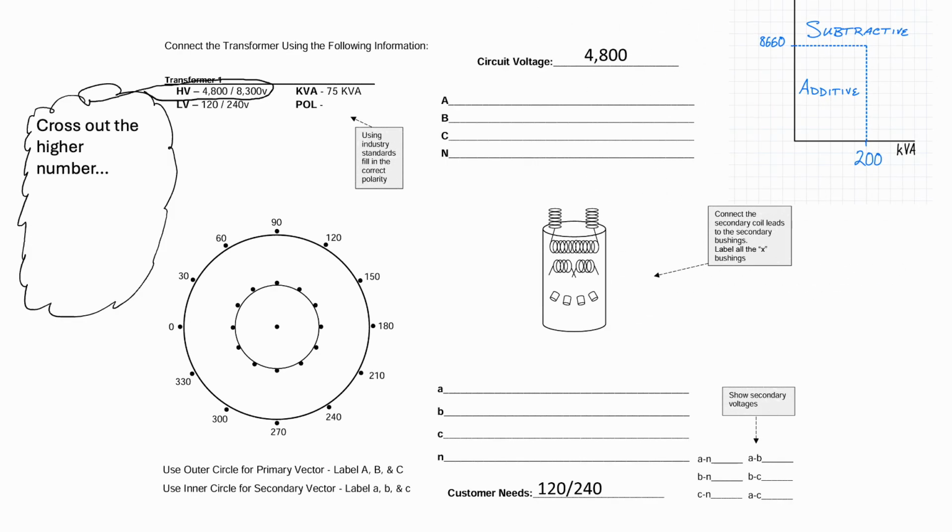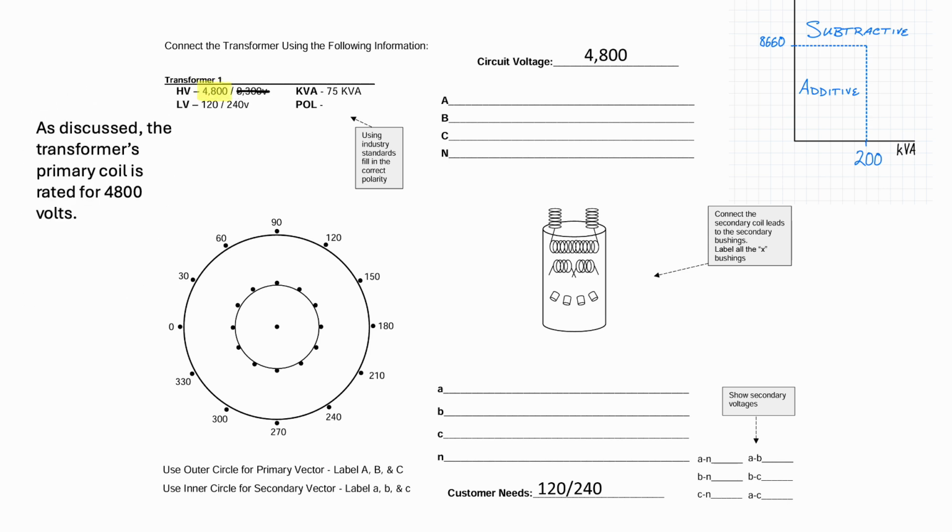Now we're going to cross out the higher number like we talked about earlier. And as discussed, the transformer's primary coil is rated for 4,800 volts. The kVA of the transformer is 75. So we'll write this information in on the graph over here.